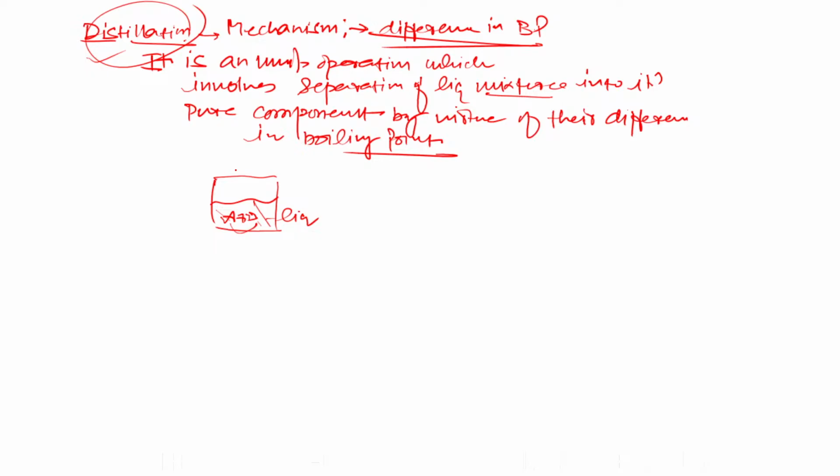So what happens in this case is, on heating, when we start heating with a heat source, the vapor which is formed here will be rich in the lighter component.